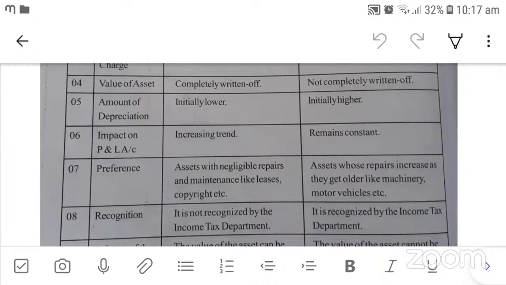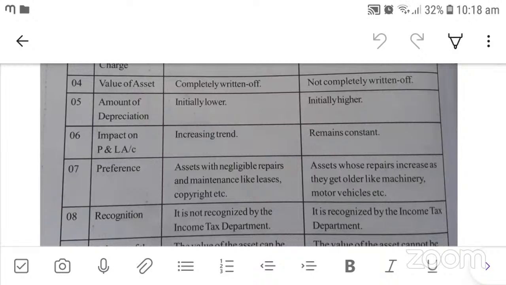In the written down value method, it is for assets whose repairs increase as they get older, like machinery, motor vehicles, etc. This is useful for plant and machinery. It becomes older as years pass, so the efficiency of motor vehicles also decreases day by day.